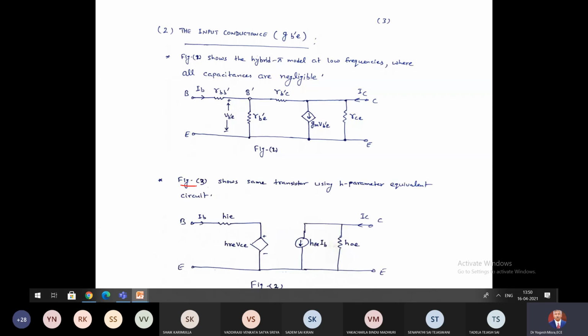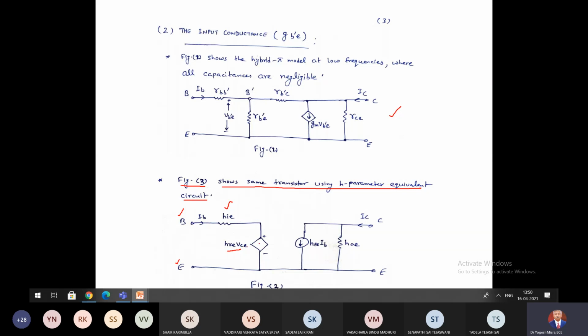Now figure 3 shows the same transistor using the H parameter equivalent circuit. So if you want to draw the H parameter model of this transistor operating at low frequency, this is the H parameter model. This is B, here E, this is HIE, the input resistance, HRE the reverse voltage gain, and VCE.